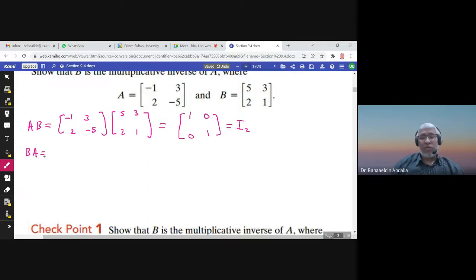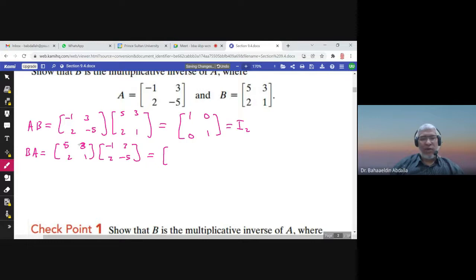Also multiply B times A. You notice in this case, AB would be equal to BA. So there are certain cases in which AB is equal to BA. So multiply 5, 3, 2, 1 by the matrix A, which is negative 1, 3, 2, negative 5, and see what the product is.